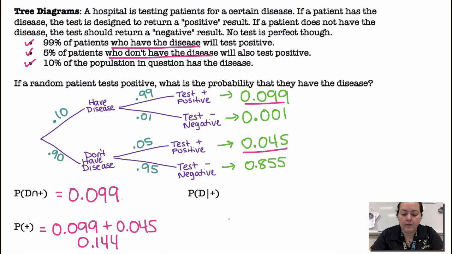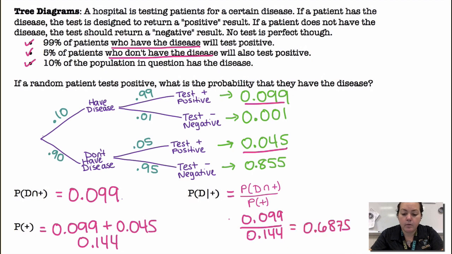And then the probability they have the disease given they test positive would be the probability they have the disease and test positive divided by the probability they test positive. So I already know the probability they have the disease and test positive is 0.099, and I just found the probability that they test positive was 0.144. When I divide those, I get 0.6875.